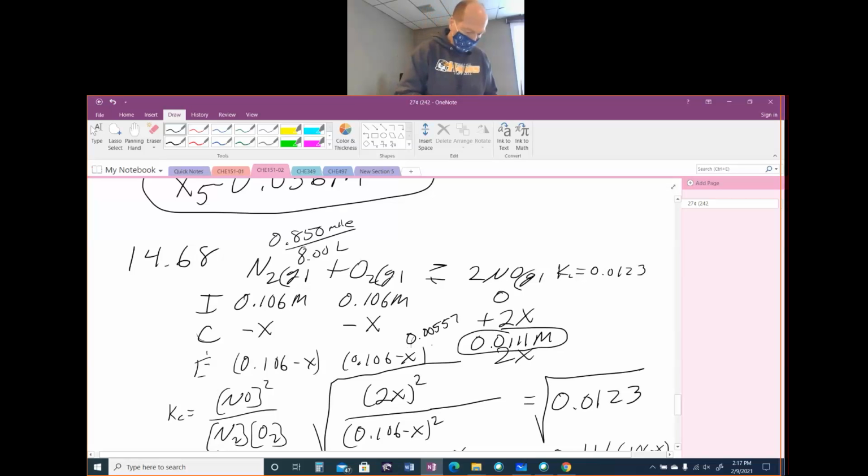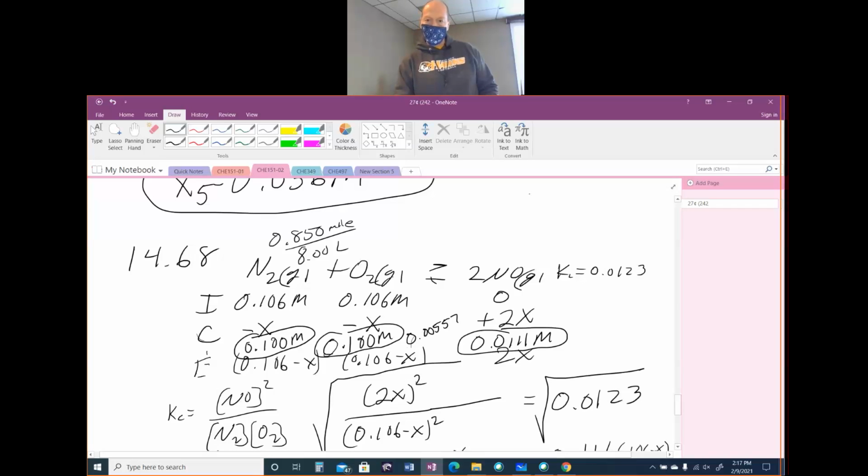Okay, so 0.106 minus that, you got here to 3 decimals, 0.100 molar, and here 0.100 molar as well. All right, so your equilibrium concentrations, your NO 0.0111 molar, and your N2 and your O2 are both 0.100. And so you can plug those in to check your answer.